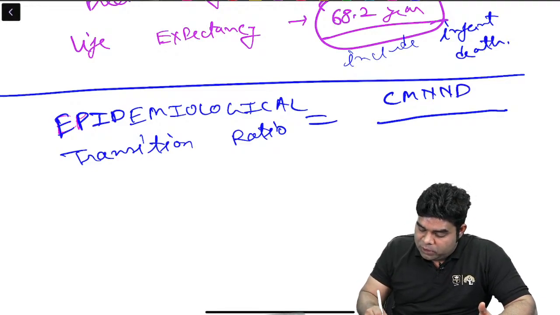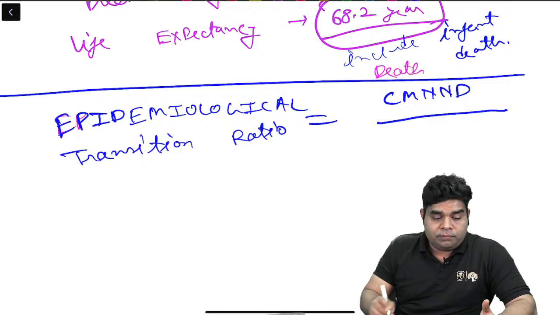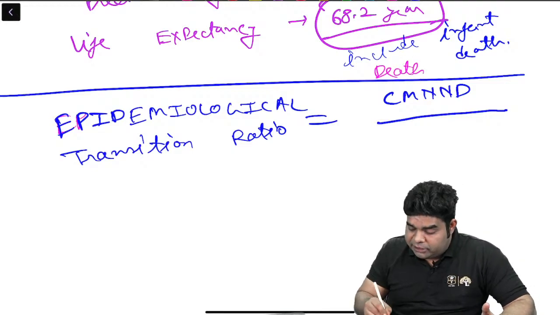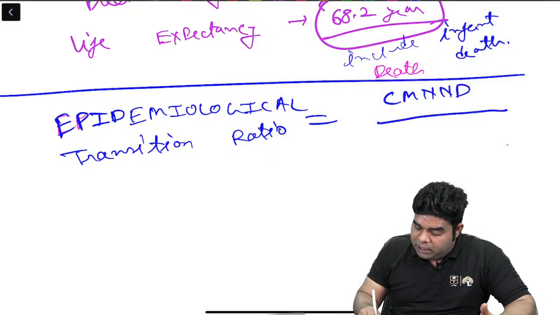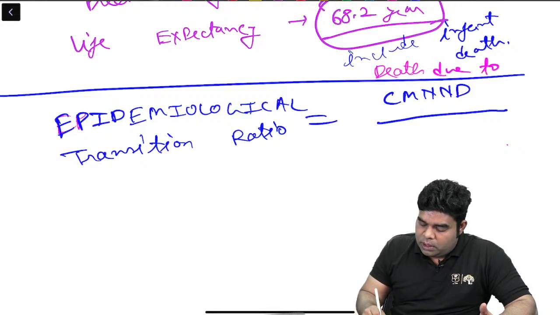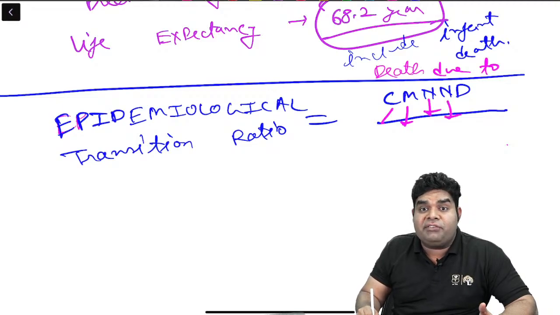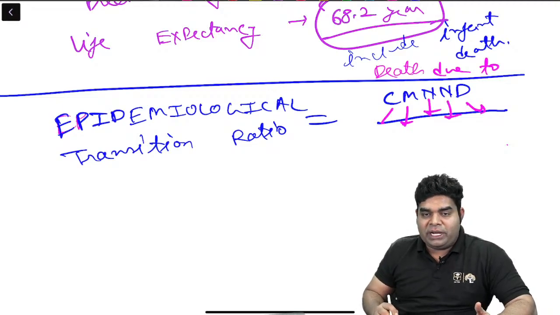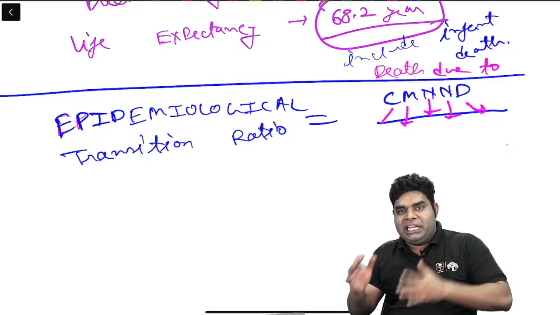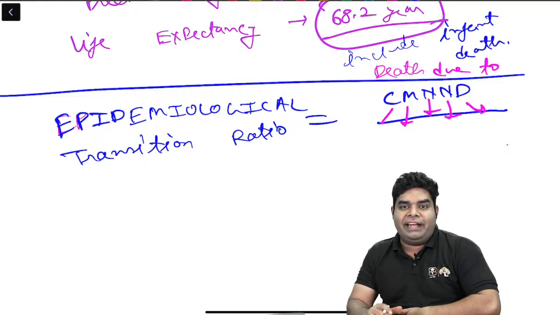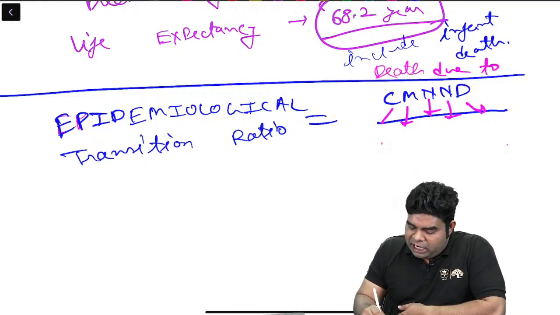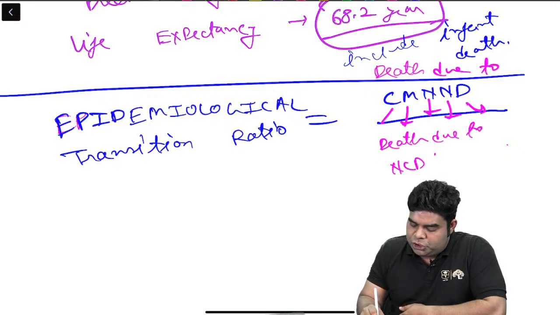These are deaths due to communicable, maternal, neonatal, nutritional deficiency diseases. So in a way, it includes all the TB death, malaria death, infant death, maternal death, divided by deaths due to NCD plus injury, accident.